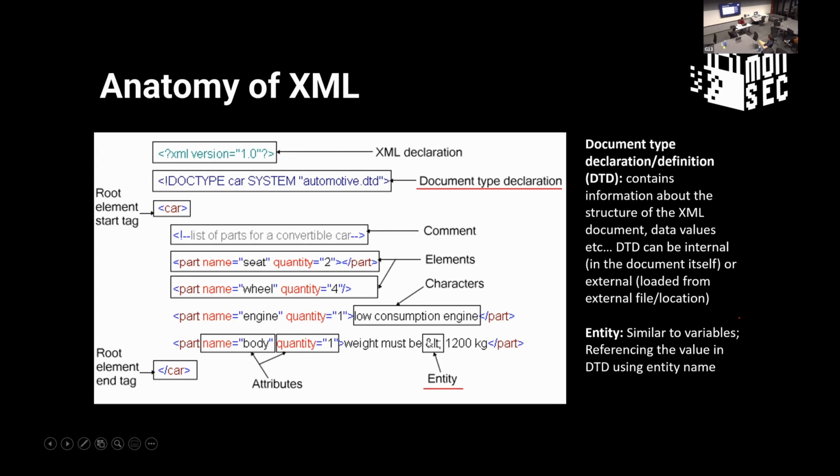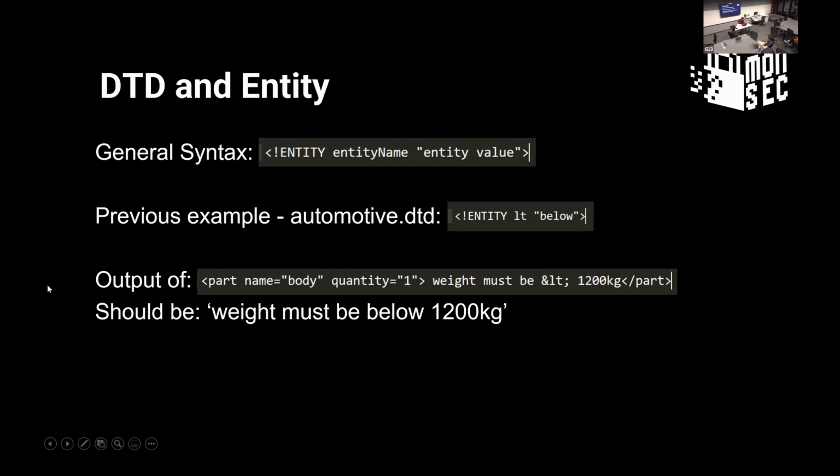So this lt will behave similarly to a variable, and you can later reference it as an ampersand followed by that entity name. Then the example output for this will be that, the less-than symbol.